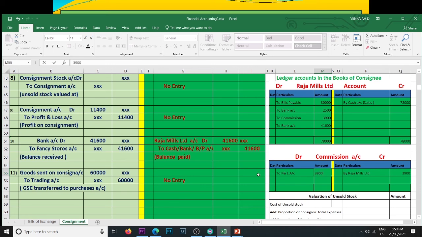We pass the last entry here: commission account debit to P&L account.